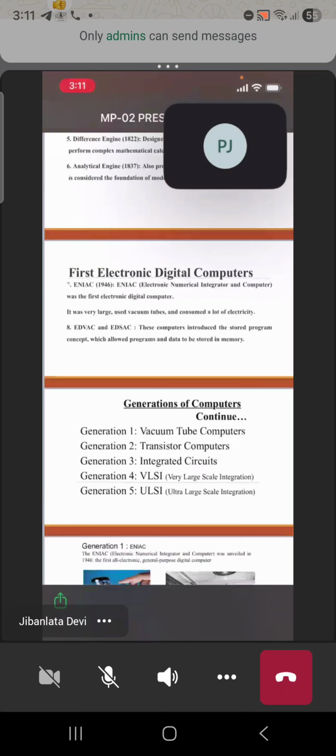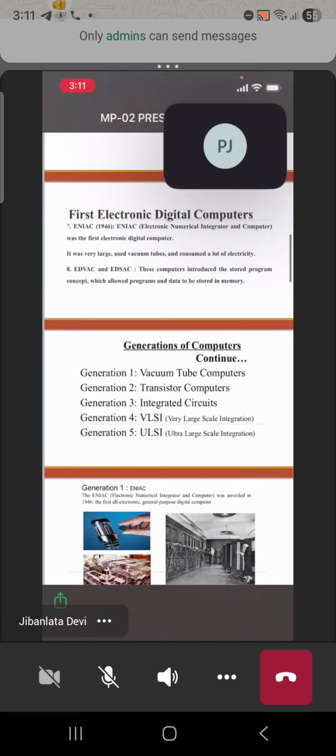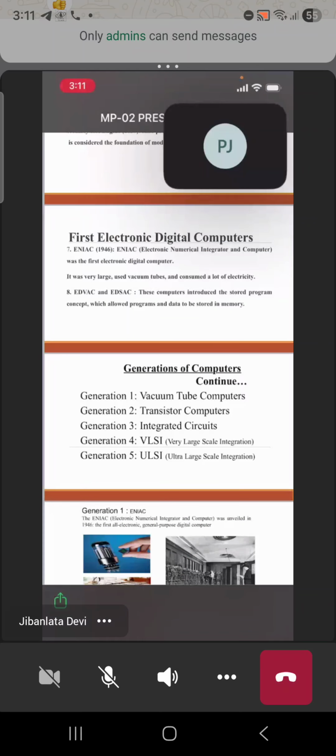If we talk about the generations of the computer, the first generation is the vacuum tube computer. Second, transistor computers. The third generation has integrated circuits. The fourth one is VLSI, very large scale integration. Then fifth is ultra large scale integration.